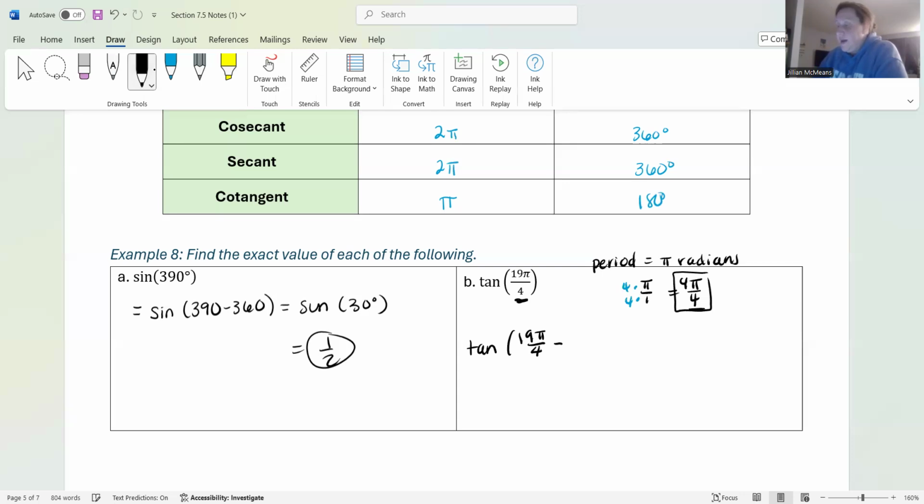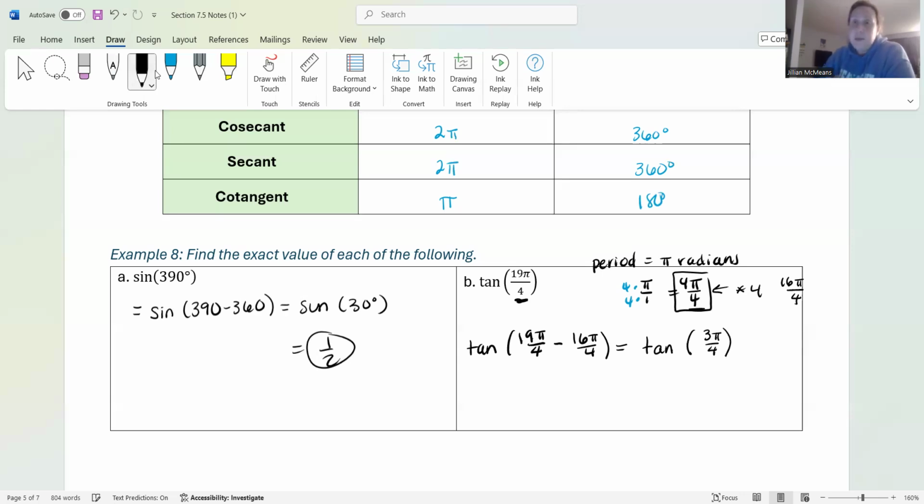And I know that if I do this 4 times, so I multiply this by 4, I get 16 pi over 4. So I know I can take 4 full periods away from 19 pi over 4, where one period is pi, but we're writing it as 4 pi over 4. So I'm going to subtract 16 pi over 4. That tells me that tangent of 19 pi over 4 is exactly equal to tangent of 3 pi over 4.